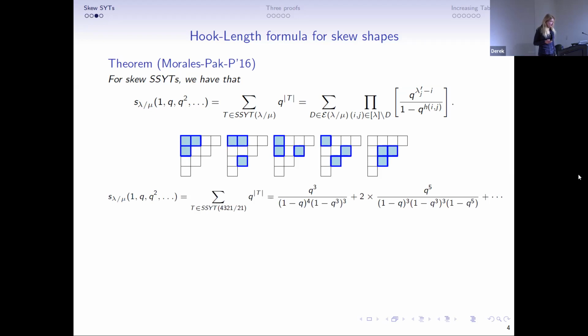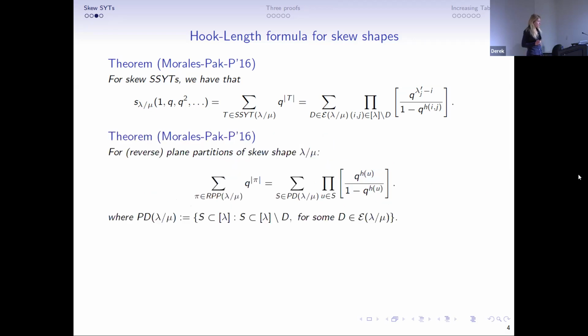So here is an example of how this looks. For this q Schur function, we will have five of these terms. These are the sum of them. And we can also do reverse plane partitions. This is a different type of generalization: skew reverse plane partitions.